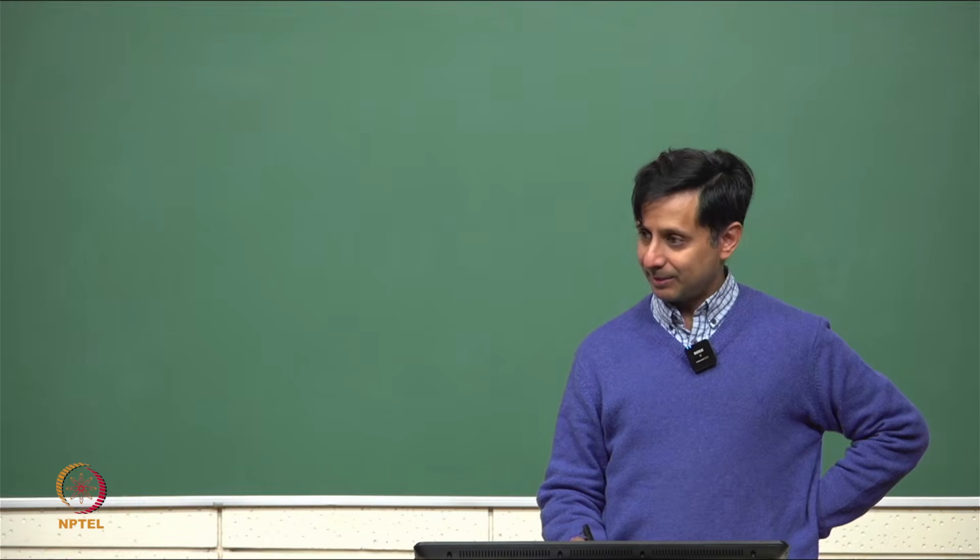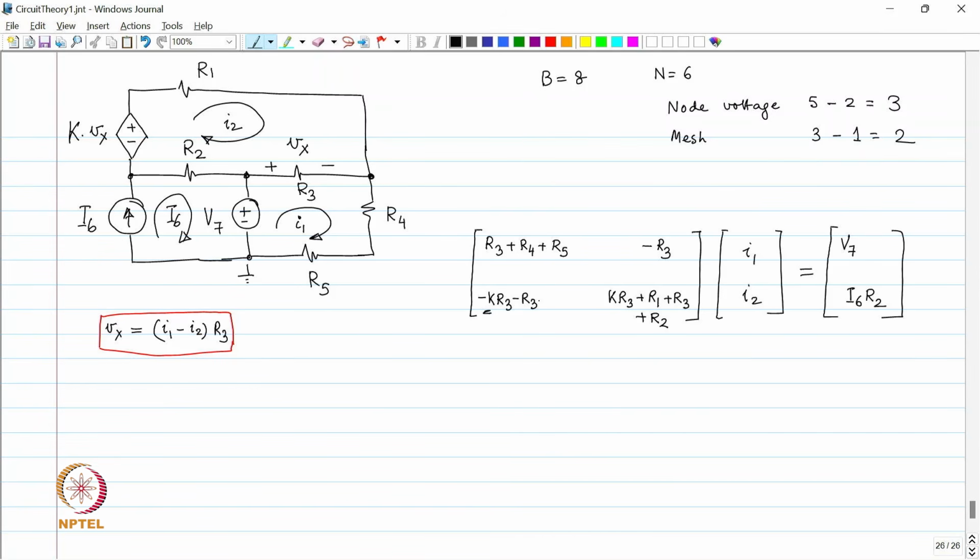Notice, I just plug in k equal to 0 over here, and this becomes symmetric. So, if I make the proportionality constant of the controlled source voltage 0, then immediately symmetry comes back. Fine? Question? No?